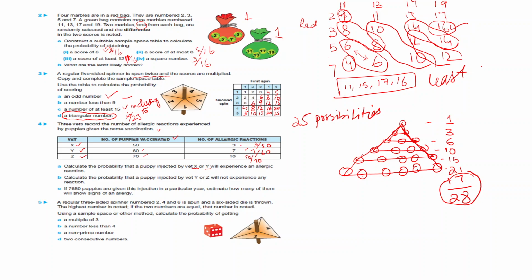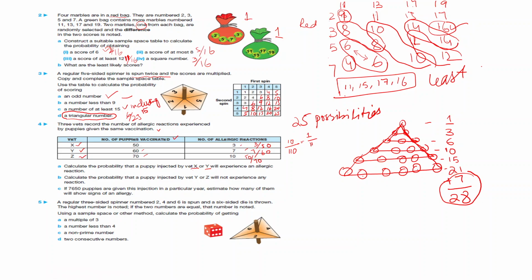So calculate the probability that a puppy injected by vet X or Y will get a reaction. Now you have to add these two: 3 plus 7 is 10 for X or Y, out of the total puppies they vaccinated, 110. So 10 out of 110, or 1 out of 11, is the probability that they will get an allergic reaction.